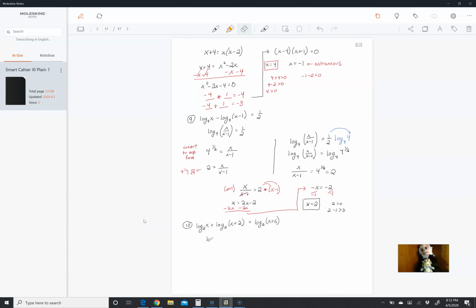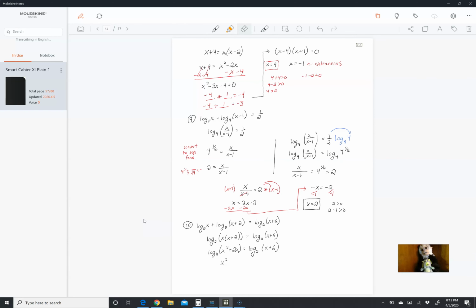So we get log base 2 of x times x plus 2. Again, you can skip this step. This gives us, we multiply on the left side, we get x squared plus 2x. You can multiply here, or you can multiply after you set the arguments equal to each other, it really doesn't matter.